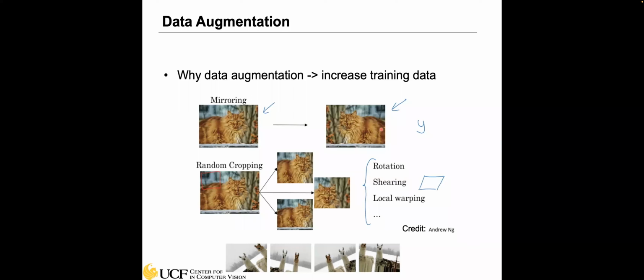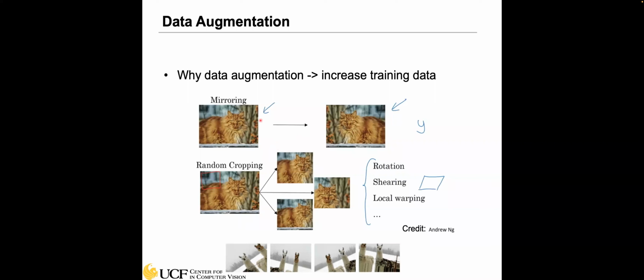If you have a lot of parameters but your training dataset is very small, then there's a high chance your model is going to overfit. So one way from the data perspective is data augmentation, which essentially increases the training dataset size.